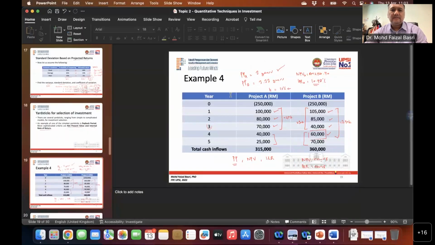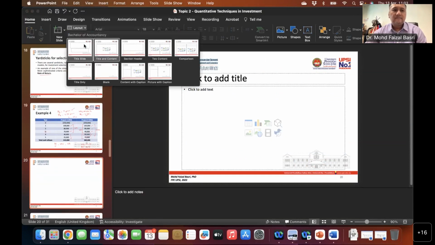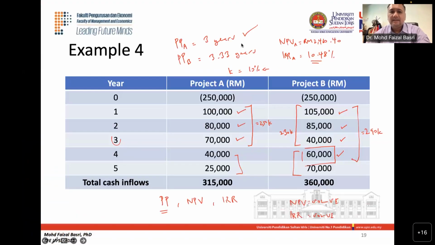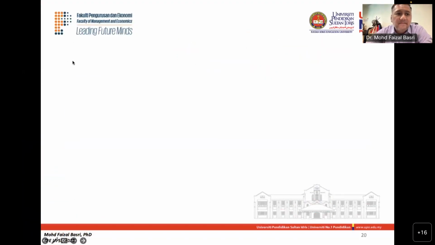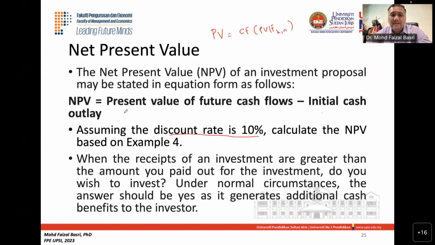Let's see, I add a blank slide so that I can calculate for NPV. I put it here. NPV, project B. Okay. So the formula for NPV is this one.